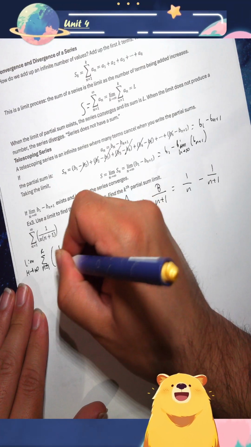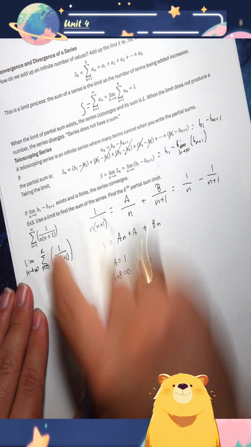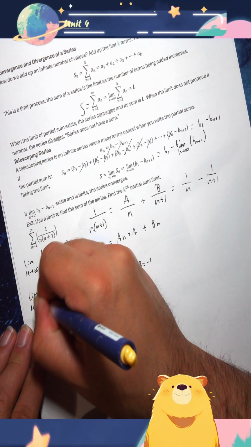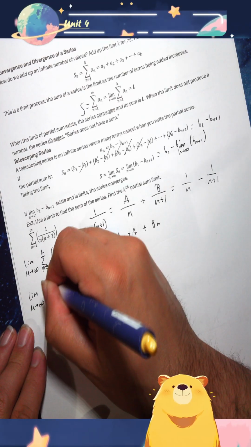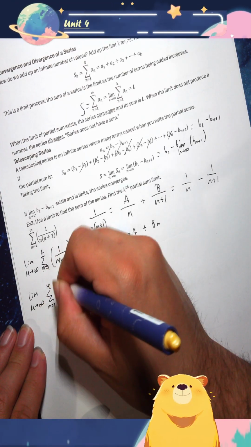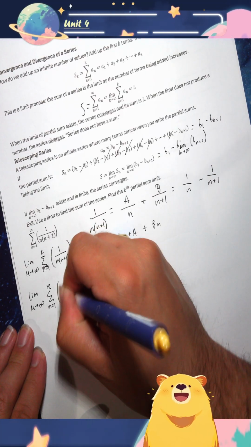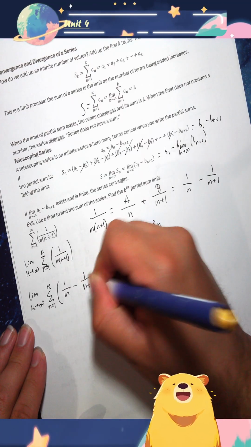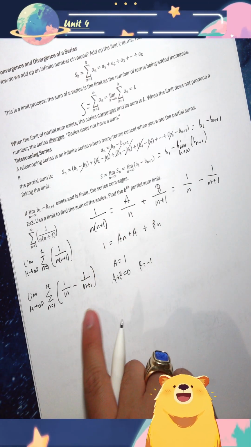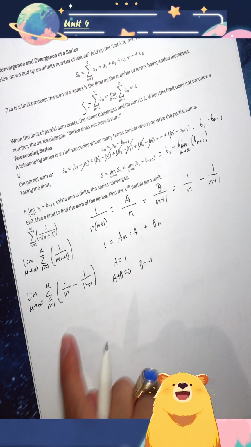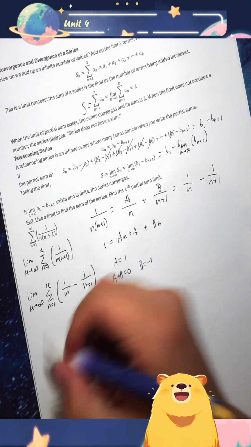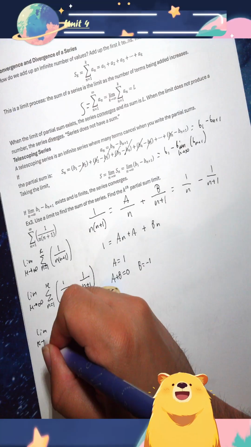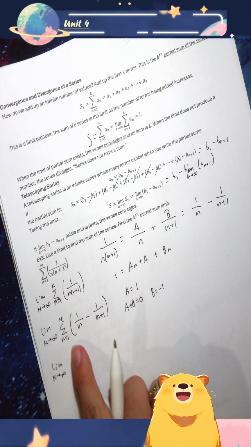So I'm going to split this expression to be 1 over n minus 1 over n plus 1. And then I'm going to start writing this out just a little bit, just so I can see what I'm dealing with. So the limit as k goes to infinity of this whole thing.